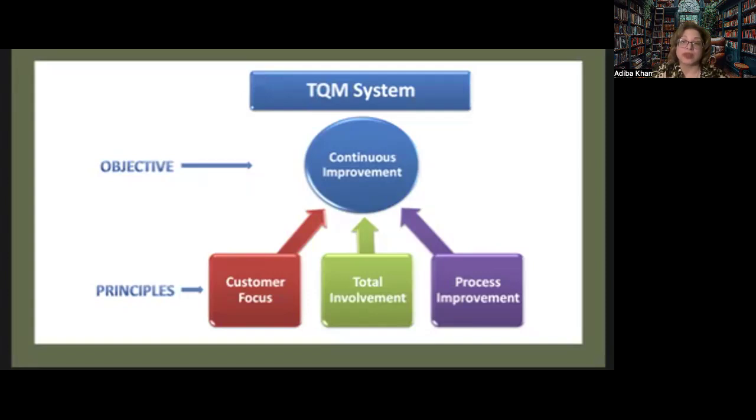Now, total quality management fosters a culture where quality is ingrained, and it is also focusing on encouraging teamwork, proactive problem solving, and a commitment to excellence. So, by integrating quality in all the processes and departments, total quality management aims to eliminate defects, streamline operations, reduce waste, and enhance the overall performance to ensure that there's long-term success and market competitiveness.